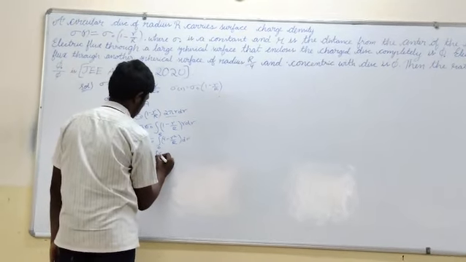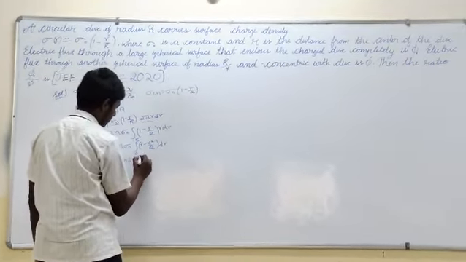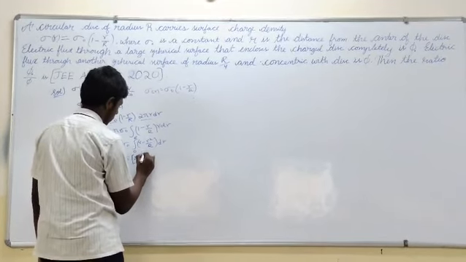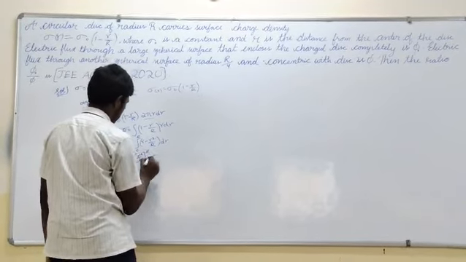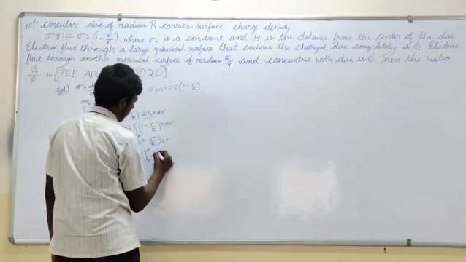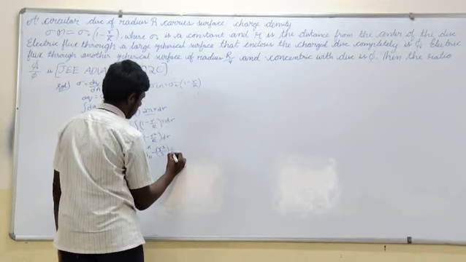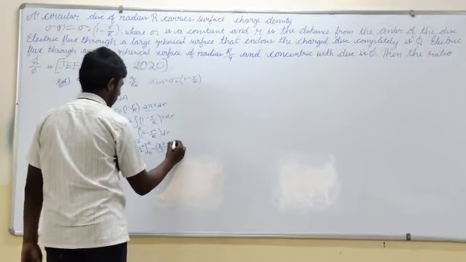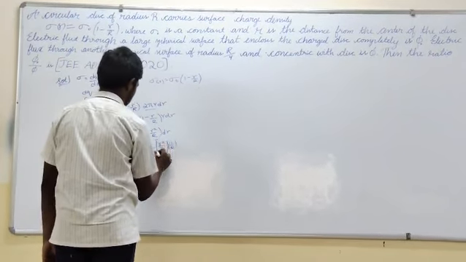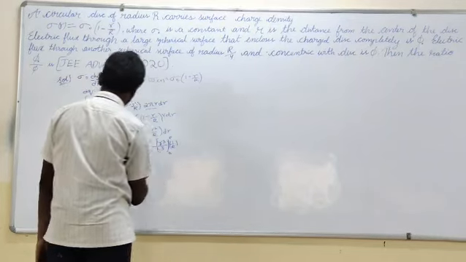Integration of r is r square by 2, so minus 0, minus integration of r square, which is r cube by 3, into 1 by R. These limits will be R and 0.